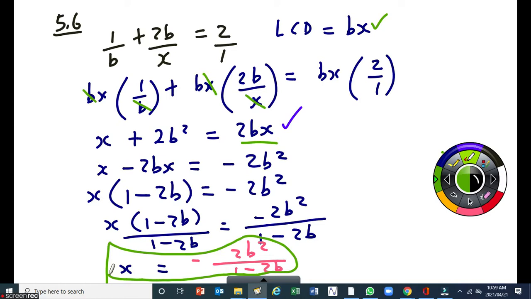Is there anybody who has got a question there? So, do we have to factorize, or can we just divide both sides by b? Okay, in this case, because we are trying to isolate the x so that the x is on its own, the only way you can do that is to factorize. All right?